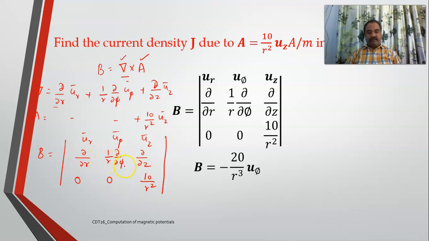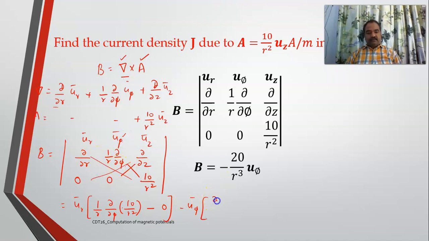If I take this one, this is u r, what I'll get is 1 by r dou by dou phi of 10 by r square minus 0, right, minus u phi into, now if I take u phi, this is dou by dou r of 10 by r square minus 0, plus u z. For u z, it is 0 minus 0.